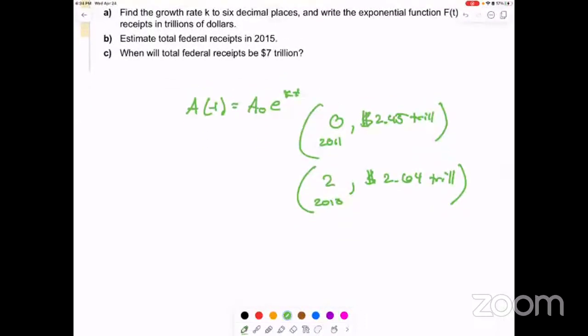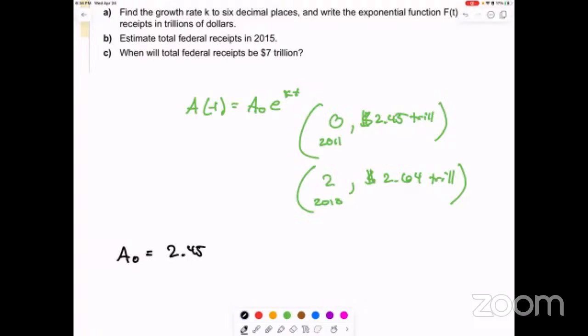So if 2011 is our year zero, that should be our A naught, right? If we let t be zero, we're going to have e to the power of zero, which is 1, right? So if we let 2011 be year zero, then that implies that the starting amount is 2.45 trillion.